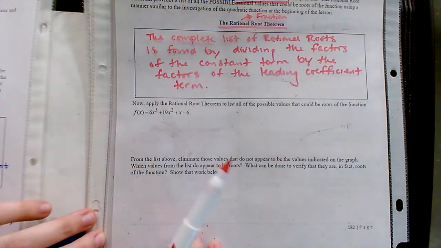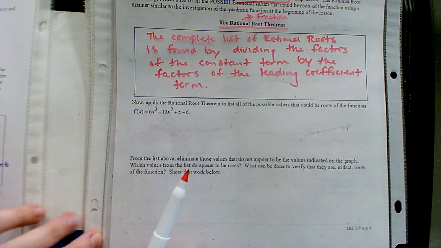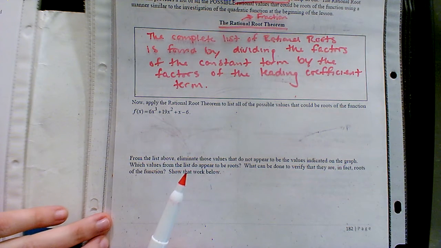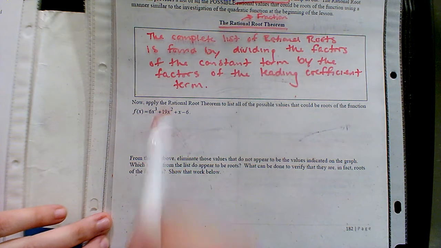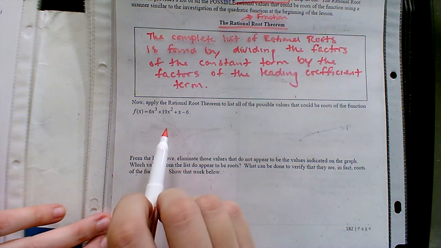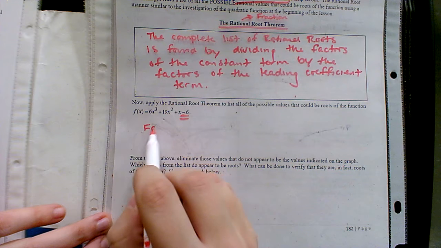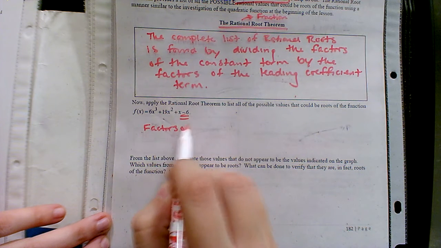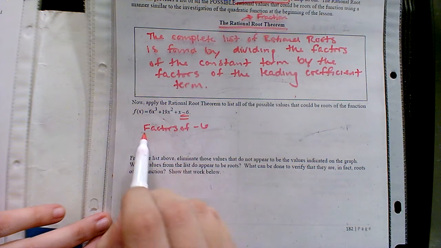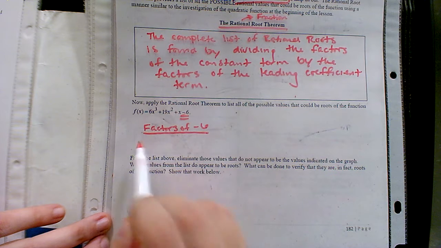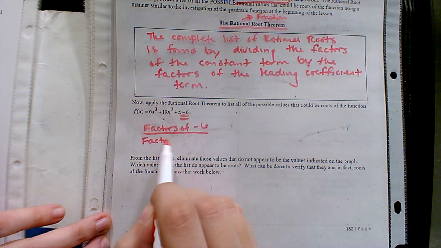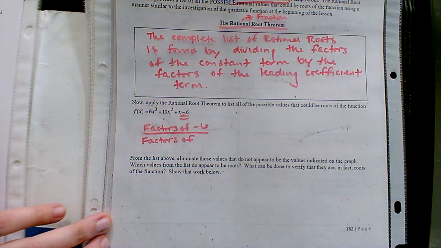Okay. Can we identify the constant term versus the leading coefficient term? The constant term would be -6. Okay, so we need factors of -6 divided by factors of the leading coefficient term.